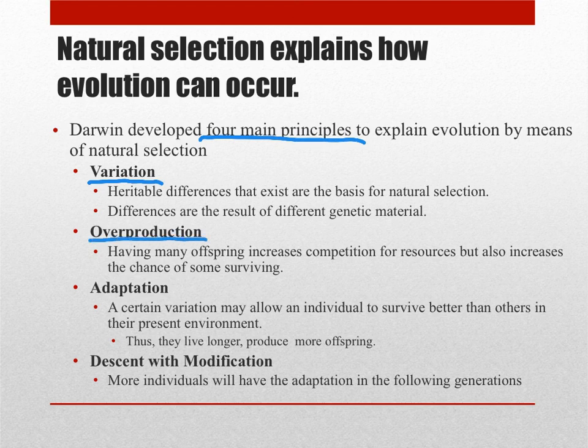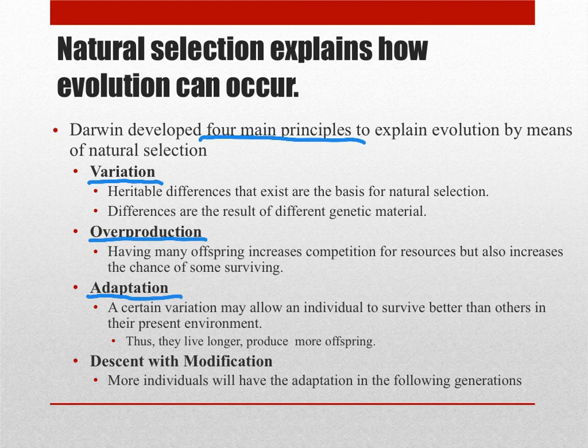Overproduction: more offspring increases competition for resources, but it also increases the chance of organisms surviving. It brings competition into the population, but then the best adapted, the best suited for that environment, will have the best chance of survival. Adaptation would be a variation that may allow an individual to survive better than others in their present environment.